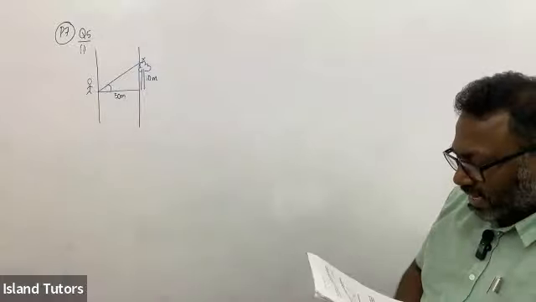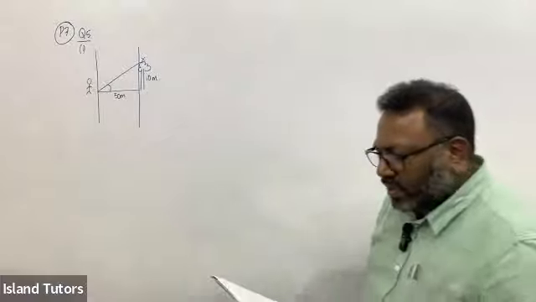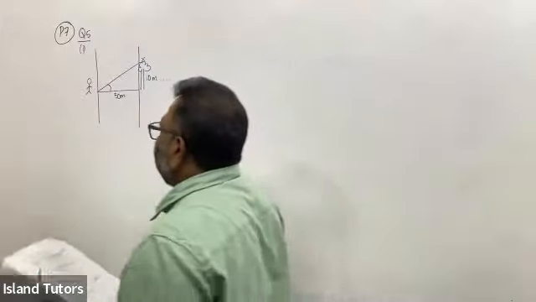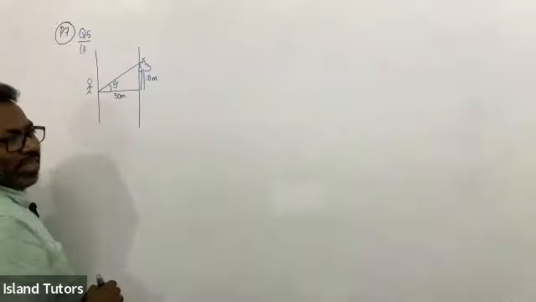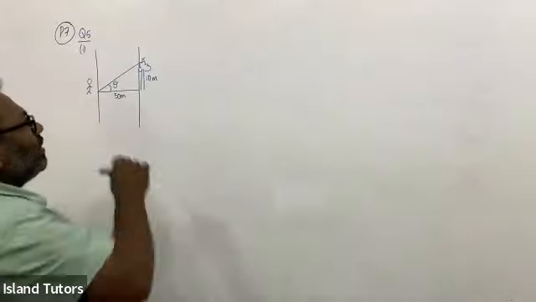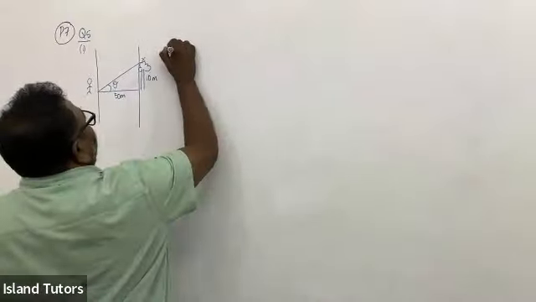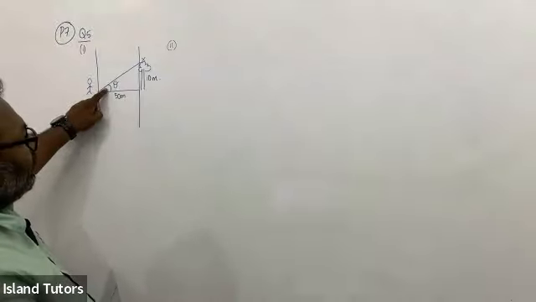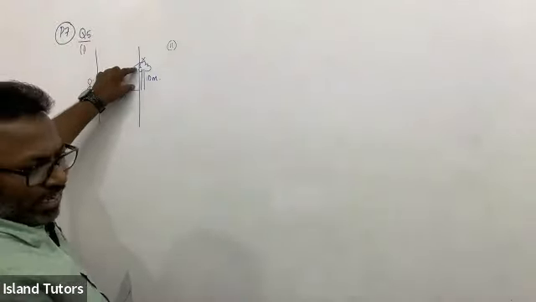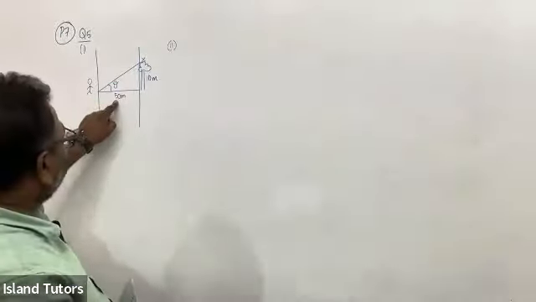Then they are saying, calculate the angle of elevation of the bird observed by the man. So that means they are asking you to find the theta over here. Angle of elevation is this. The height of your tree is 10, and the width of your river is 50.